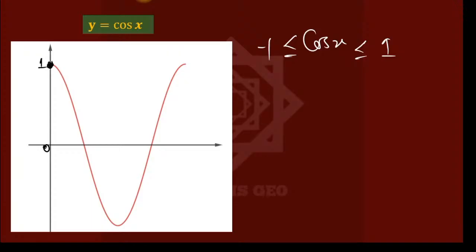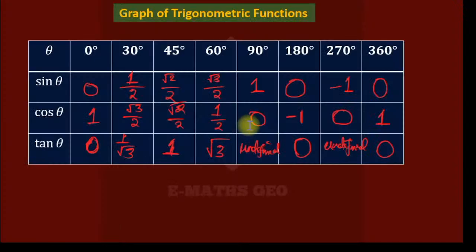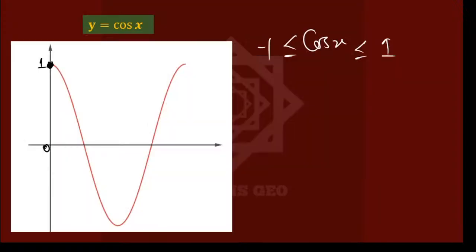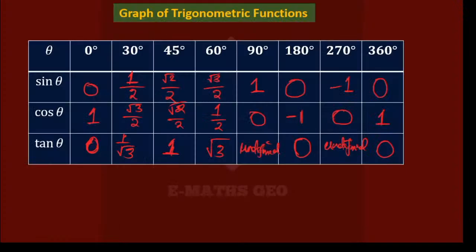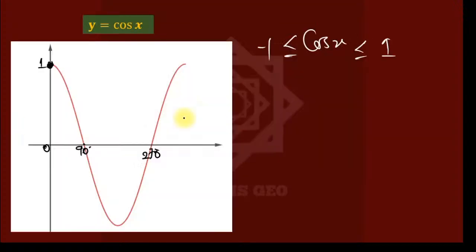From the table, cos 90 is 0, so here should be 0. Also at 270 it is 0. And cos 360 is 1, so here should be 360. Cos 180 is minus 1, so here is minus 1. These are the most important points on this graph, so we'll sketch that.